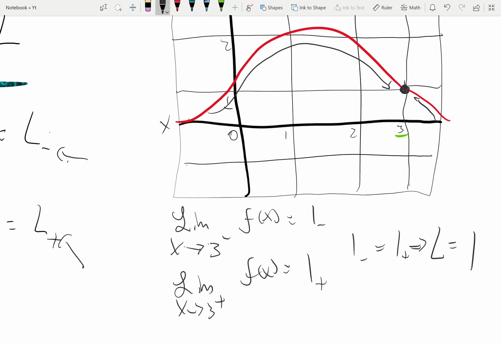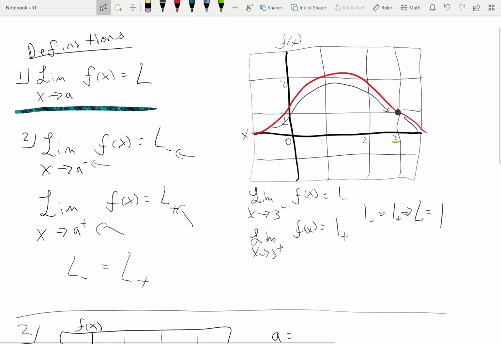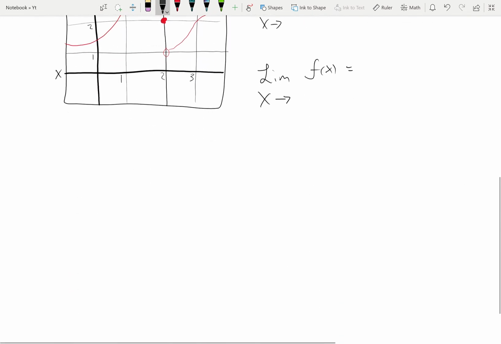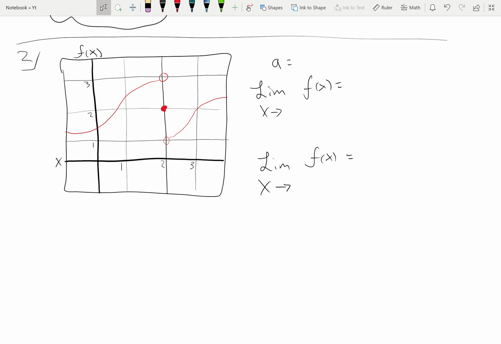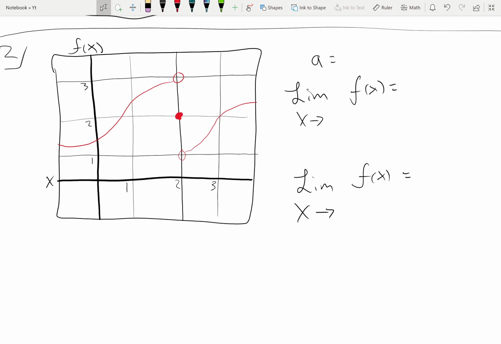But I have a second example here, and the second example is the contradiction to this special part here for definition 2. I pre-drew this graph here, and I'm going to set a equal to 2. So here's a, 2, and we're going to say the limit of f of x as x approaches 2 from the left.